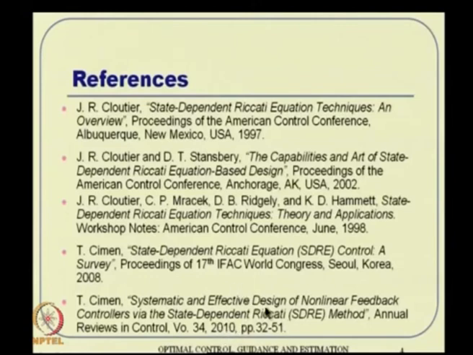A little prior to that, the same author presented this, and it is available in the conference proceedings also. This is the 17th IFAC World Congress. He presented the same paper, but the journal version happens to be a little more complete and extensive. However, the conference version should be available freely. All that you have to do is probably register yourself in the IFAC PapersOnLine and then you can download it.